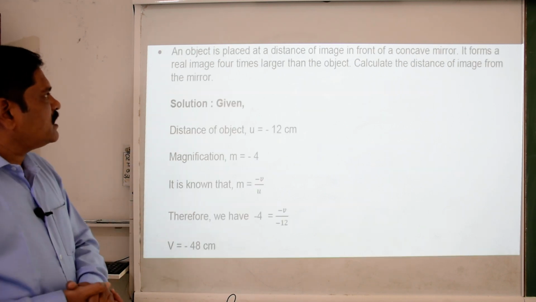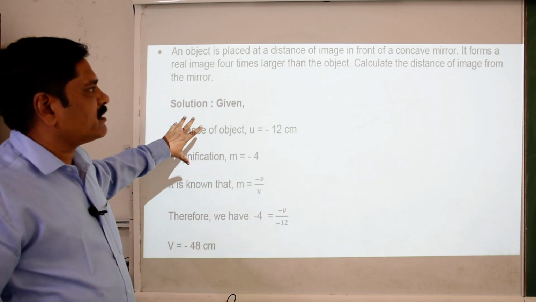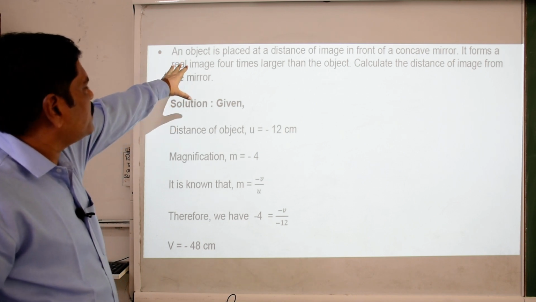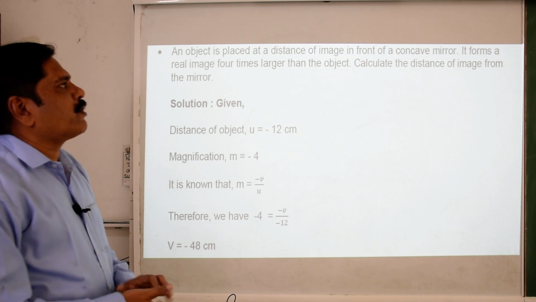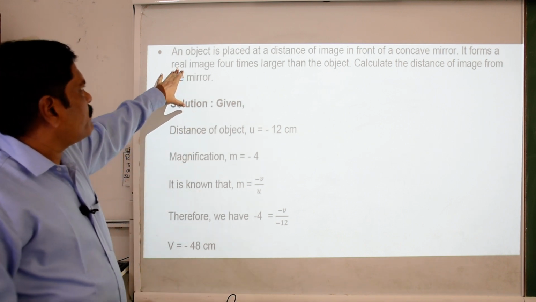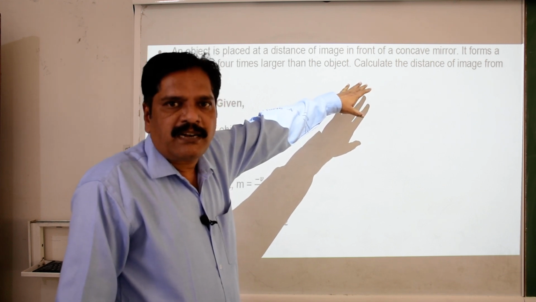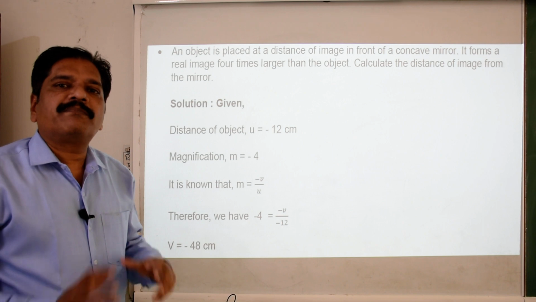Okay, now here is one more numerical I want to consider for this magnification and height of the object and image. Clear? See, an object is placed at a distance in front of a concave mirror. Remember, where is the object placed? In front of the concave mirror. Then what will be the nature of the mirror? It will be converging.